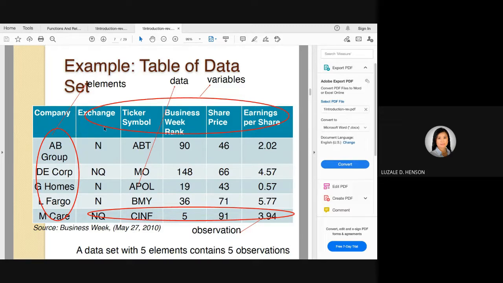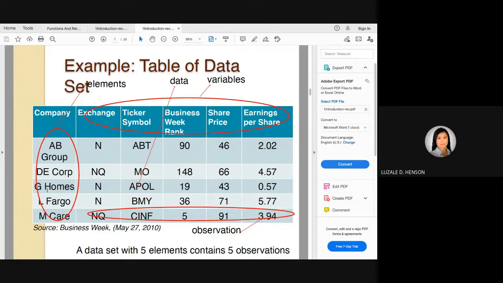other column headers, exchange, the ticker symbol, the business week rank, these are variables. Other variables could be that, let's say, these are names of person, individual, Maria, Pedro, Hannah, etc. And then you have here height, weight. So those height, weight, including the names, these are variables because it could assume any measurement. Those are variables. And then the data.